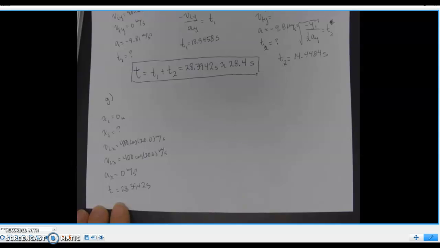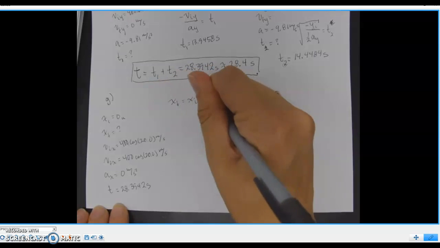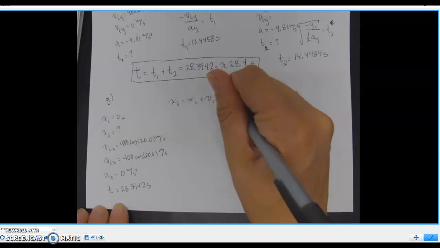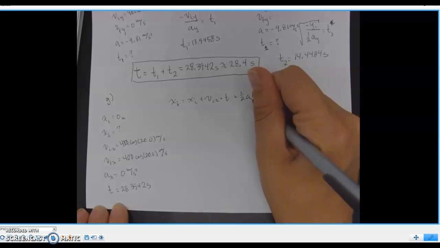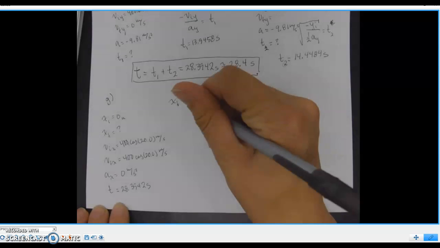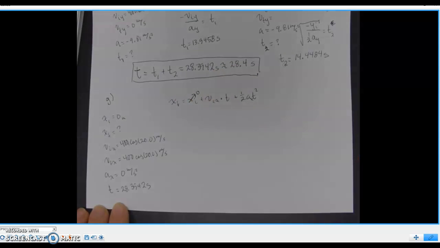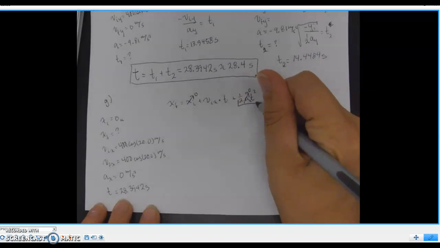Okay, so I need to pick an equation where I know everything except for my unknown, so it has to have x final. There's a couple choices here, but there's one that actually becomes very simple. That third one, now we say, well, that looks awfully long, but it simplifies so much because x initial is 0, acceleration is 0, so anything multiplied by 0 is 0.